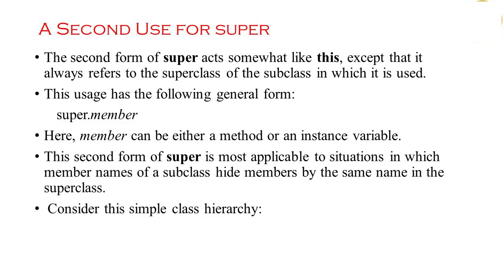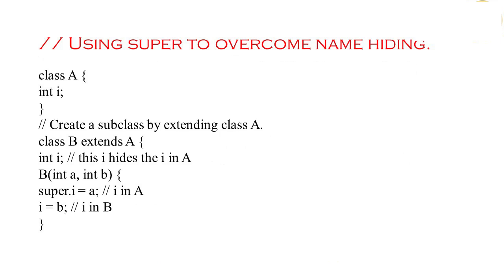The second form of super is most applicable to situations in which member names of a subclass hide members by the same name in the superclass. Now, consider this class hierarchy and see how to overcome this. Next, using super to overcome name hiding. Consider this example where B extends A, where i in B hides the i in A.